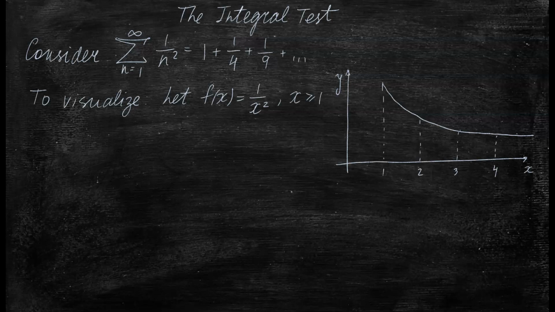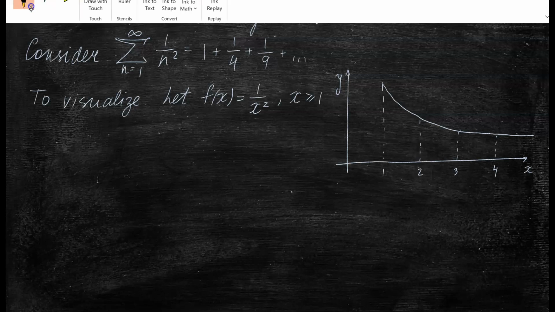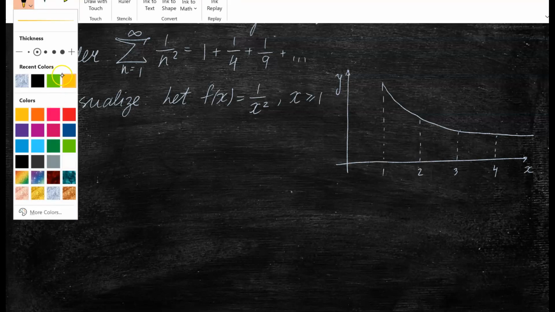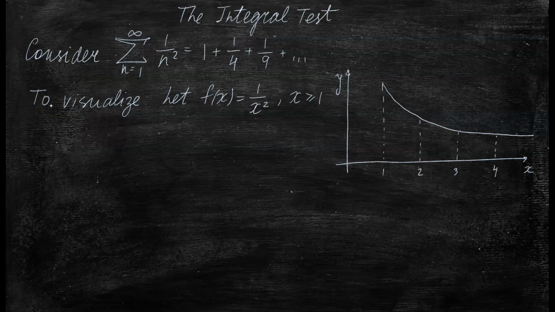However, this is not the series yet. This is just a function on which the sequence resides. So what we want to do next is, again, we're trying to visualize this series, and let's consider, where is the series on this picture?